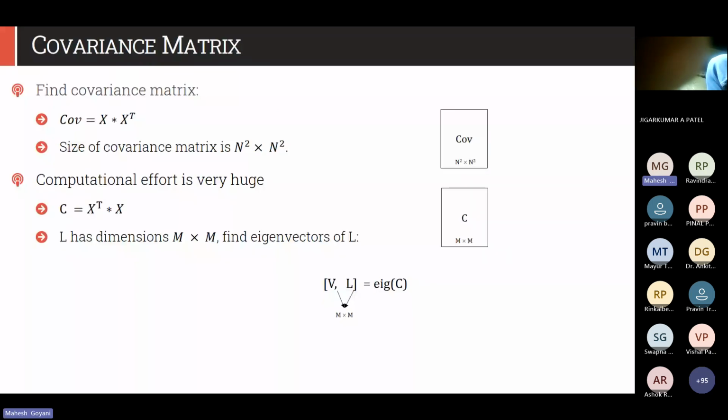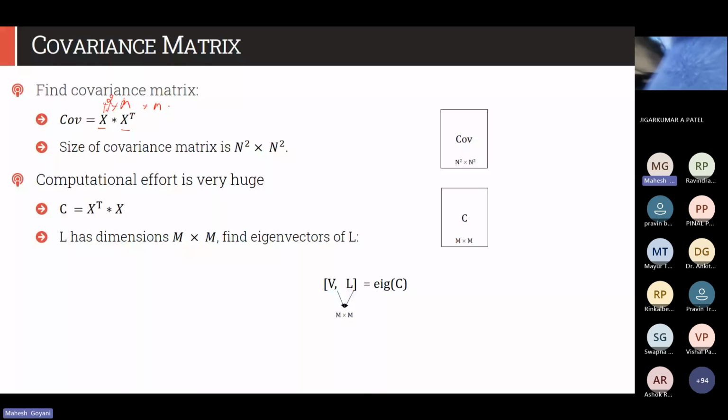Next, we need to compute the covariance of this X matrix. So covariance is computed by multiplying the matrix with its transpose. Okay, so that will give us the covariance. The dimension of X is n square by m. So when you take the transpose, that will be m by n square.